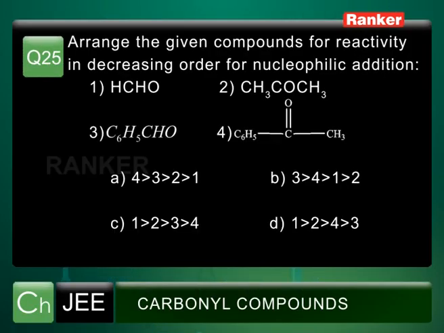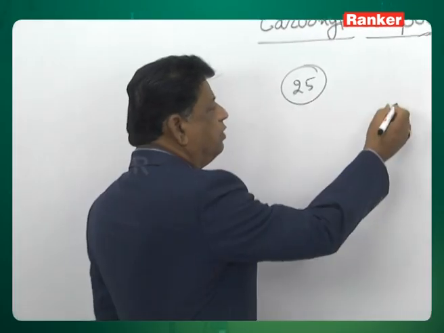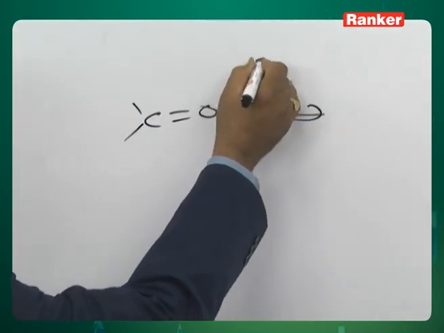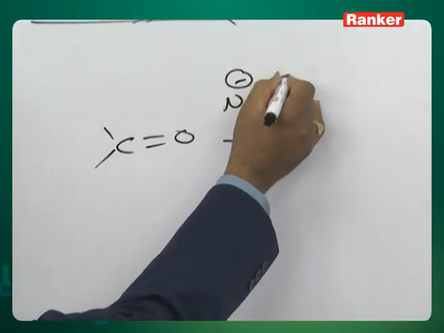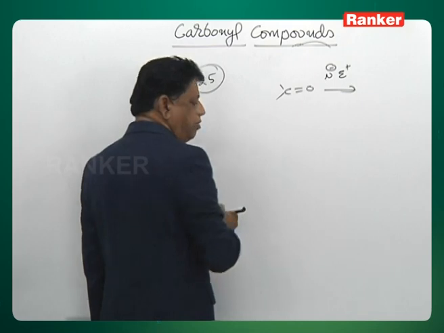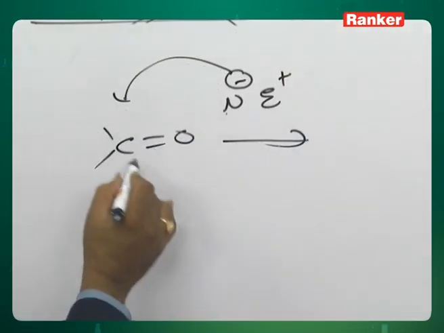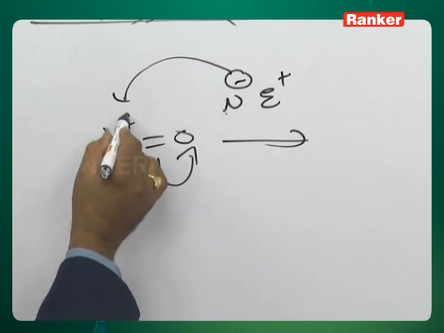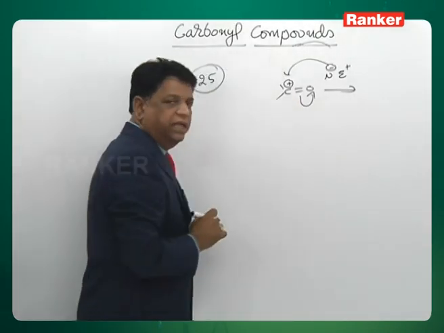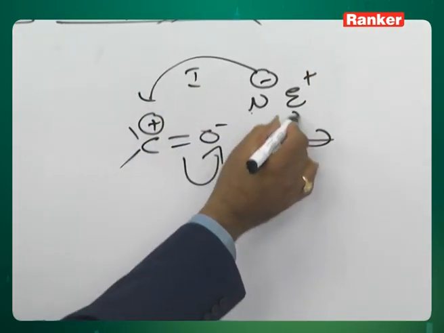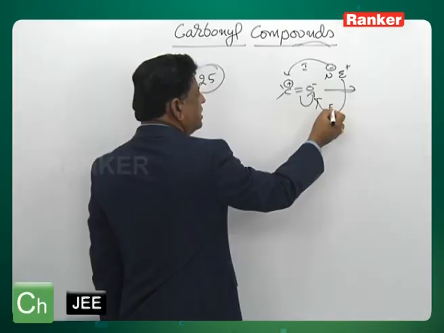Arrange the given compounds for reactivity in decreasing order for nucleophilic addition. The carbonyl compounds undergo one characteristic reaction, nucleophilic addition. If a reagent containing a nucleophile and electrophile combination is added, the nucleophile attacks first because of the C plus, more reactive than the O minus. First the nucleophile adds, followed by the electrophile as a second step.